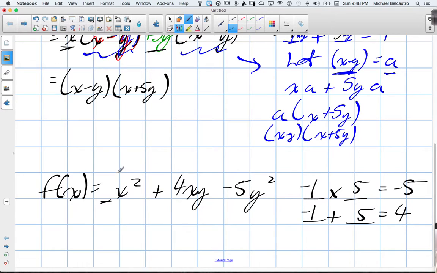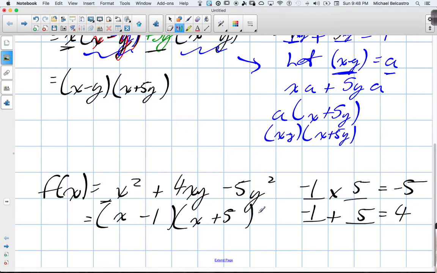And because this is an a value, what we do here is the negative 1 goes into one bracket, and the positive 5 goes into the other bracket, and x goes into both of these. The only additional thing we have to do because of this question is, because there's a y squared at the end, we technically have to attach a y to the negative 1 and the 5.